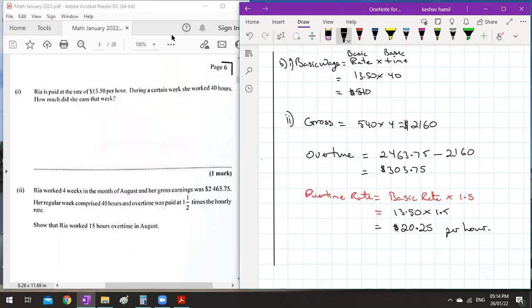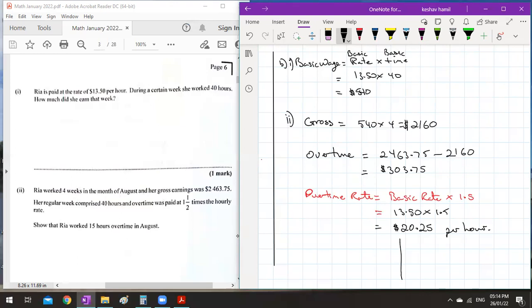Right? Now, two ways you can check it. You can take the overtime amount and divide it by the rate, right? And you should get 15 hours, or you could take the rate and multiply it by 15 to get the overtime. So I'll look at both ways.